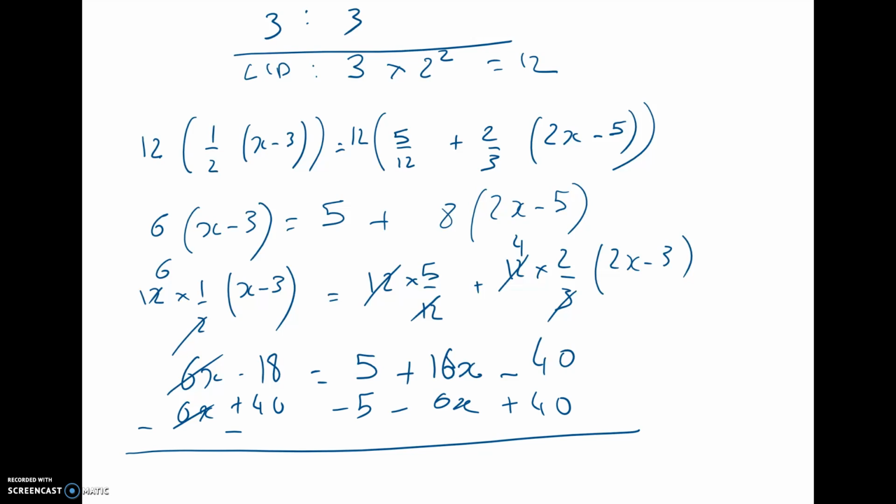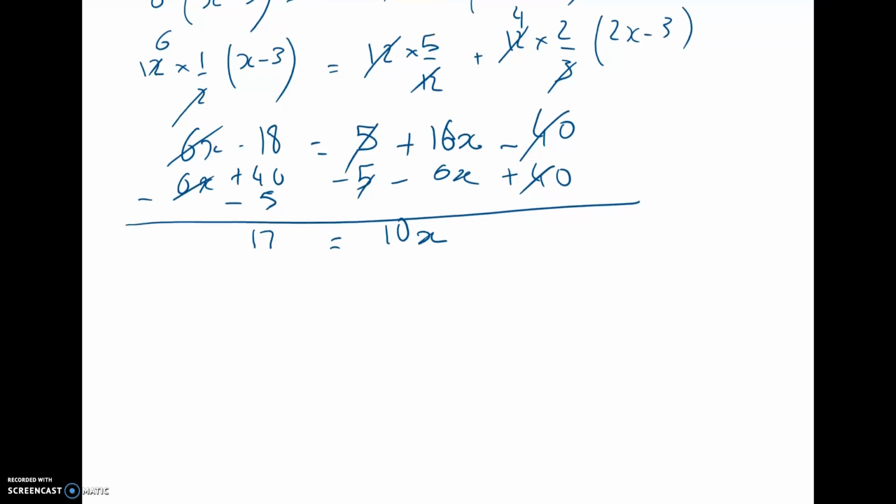You end up having 10x on this side, and on the other side you end up having minus 23 plus 40, which is plus 17. And you end up with x equal 17 divided by 10, because to have x by itself, you divide by 10.